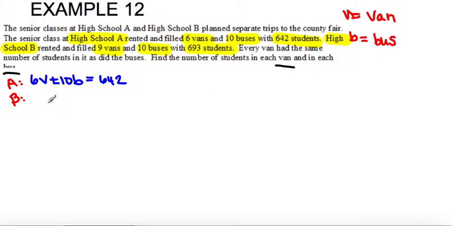And then high school B, 9 vans, so 9V plus 10B, and then 693 students.